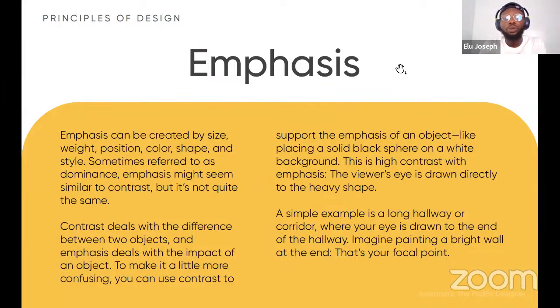Then emphasis, which I already just talked about. It helps you to differentiate an object from the others by size. Because of size, we always think that emphasis and hierarchy have a similarity, which they do. But size, weight, color, shape, and style.